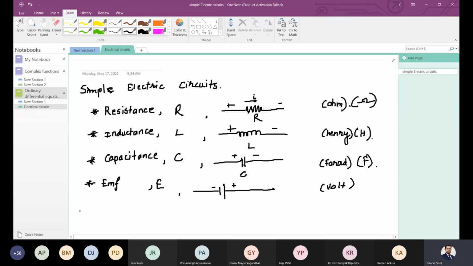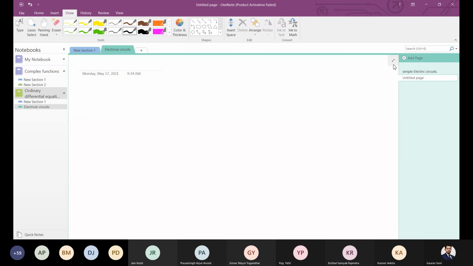Then the relation between current and the charge. So Q is the charge, I is current. So relation between the charge and the current, anyone? Sir, Q equals to IT.